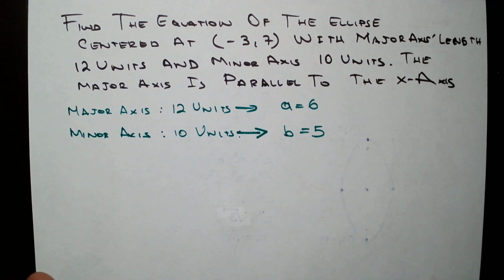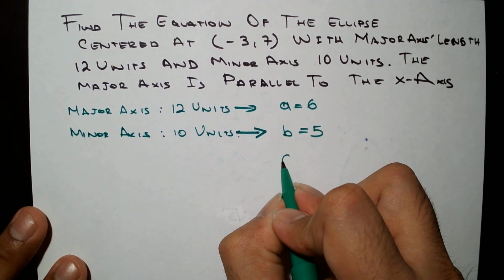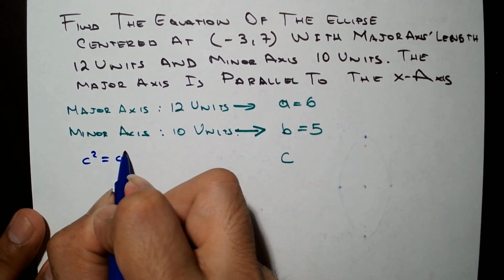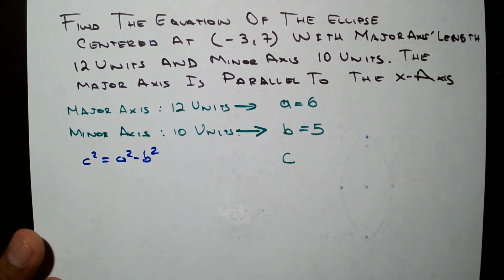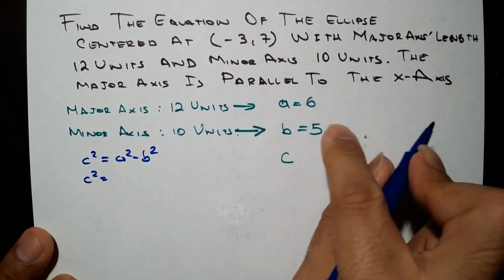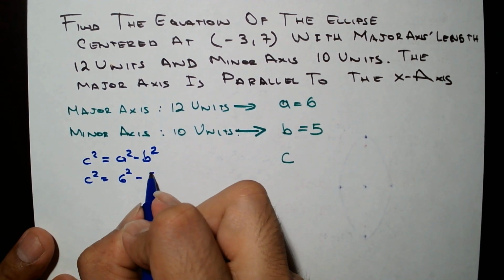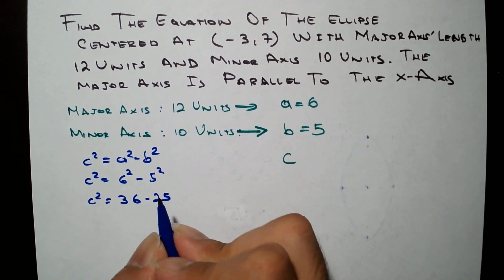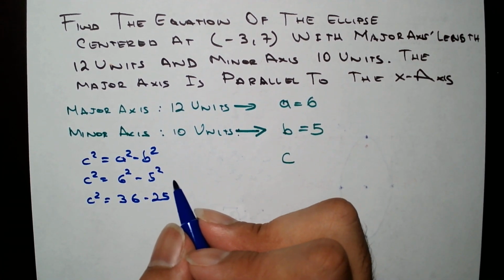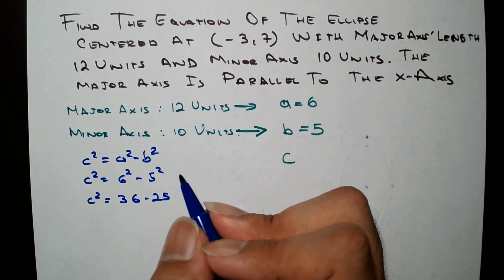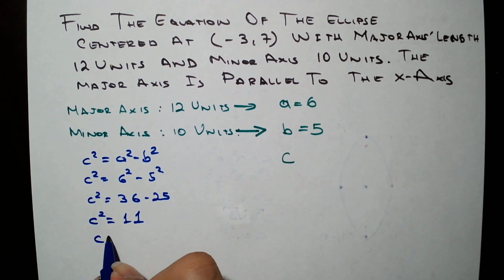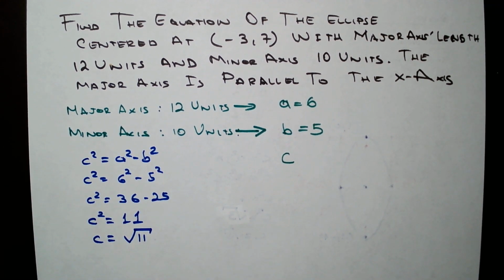All right, and this is going to be our starting point to eventually find C using the formula C squared equals A squared minus B squared. Okay, in this case, C squared equals 6 squared minus 5 squared. C squared equals 36 minus 25, and that gives me 11. And C equals the square root of 11.